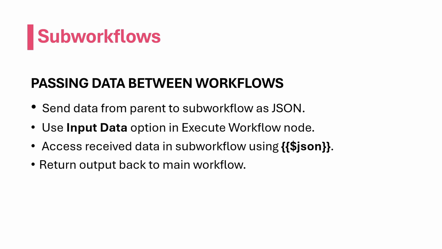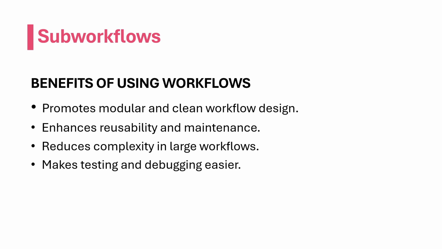The curly braces and these characters are mandatory, as we have already discussed in previous videos. And instead of JSON, you can write your own code, whatever you want as an output, as per your conditions and criteria. When the sub workflow finishes, it can return its output back to the parent workflow, making data exchange smooth and dynamic.